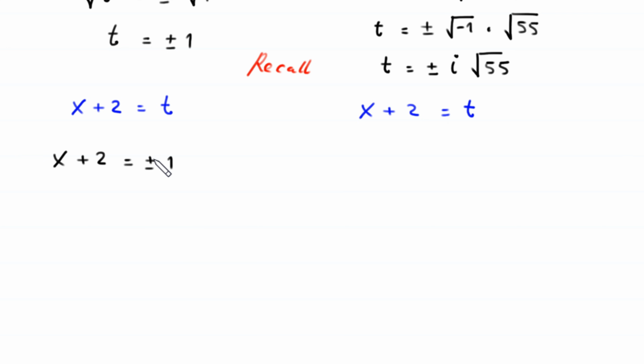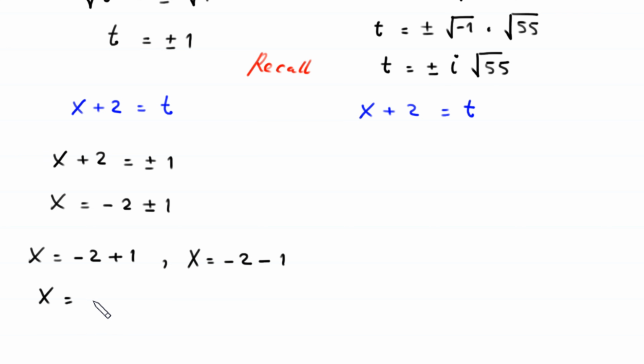Move this 2 to the right hand side, this will become x is equal to negative 2 plus minus 1. And from here we get x is equal to negative 2 plus 1, and x is equal to negative 2 minus 1. From this equation we get the value of x is equal to negative 1, and from this equation we get the value of x is equal to negative 3.